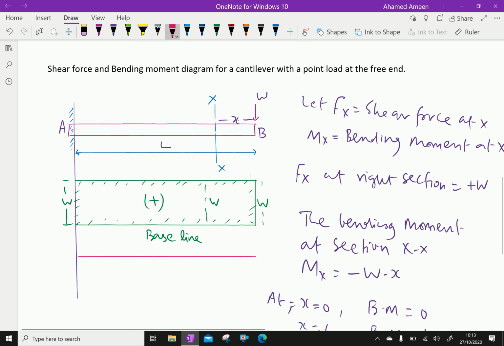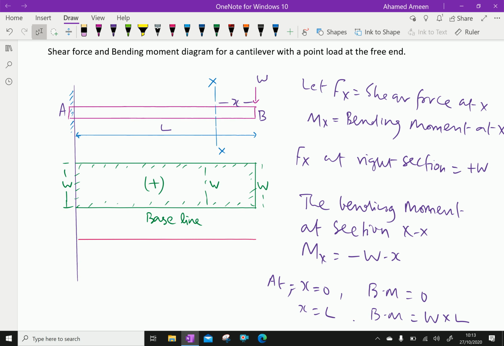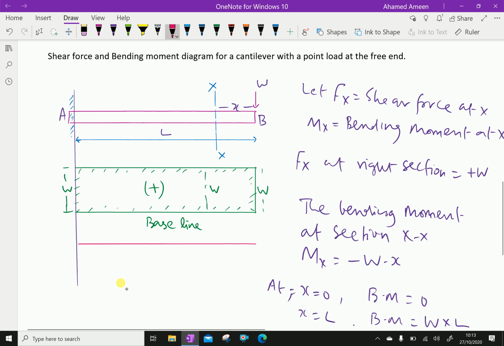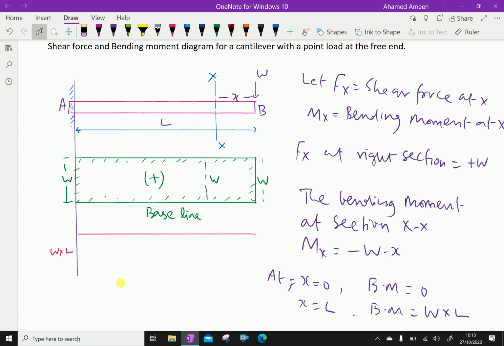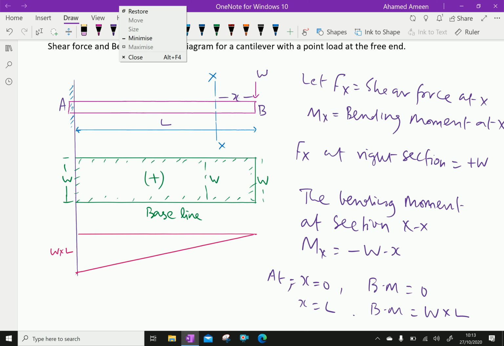Now we have to take a point. The bending moment is maximum at this section because it's the fixed section. So for some scale, we take this as W into L. Suppose this point is here. From this point, the bending moment is 0 at this point. So we have to join these points. This is our bending moment diagram.